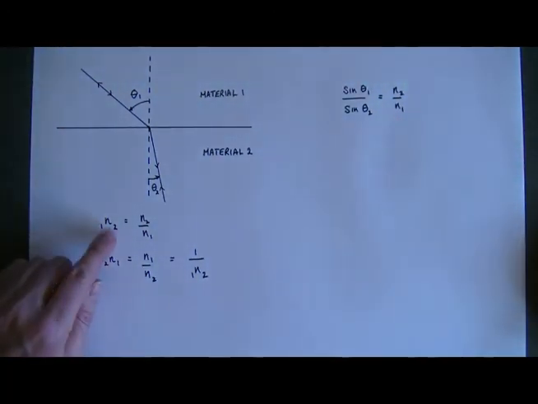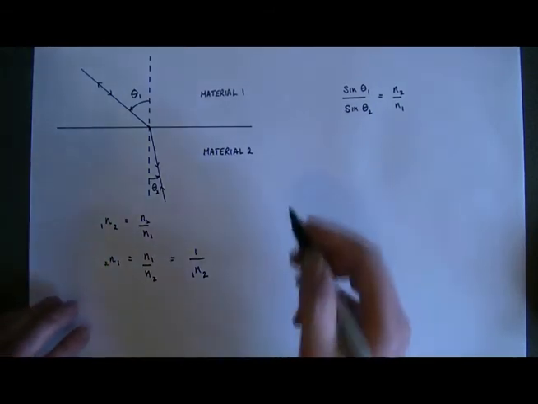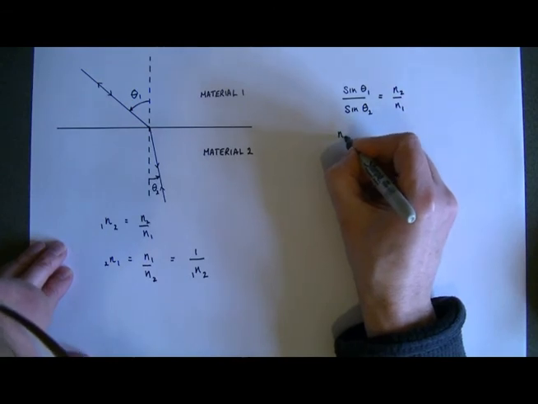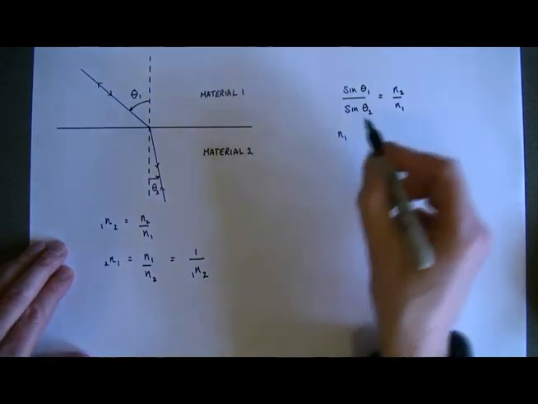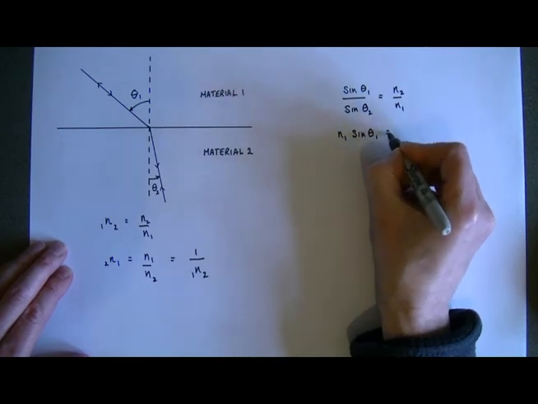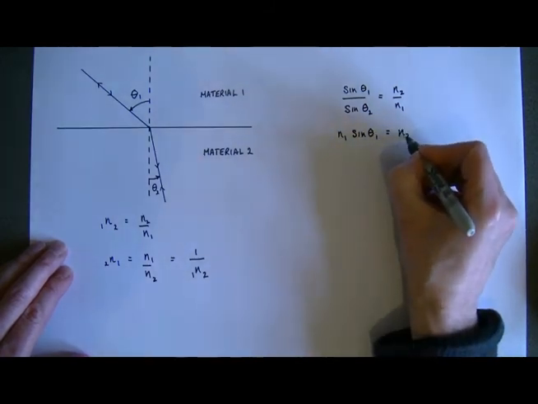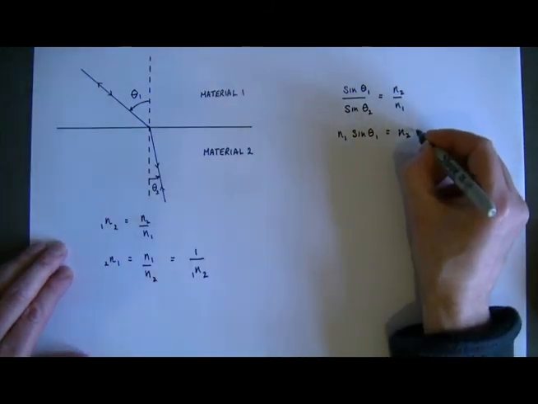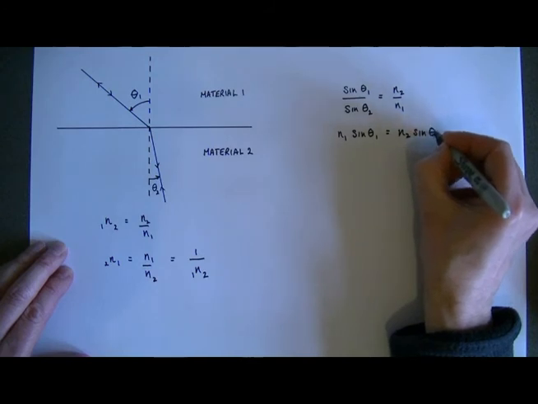So it's this refractive index here. And I can just rearrange that to simplify it. So I get n1, the absolute refractive index of material 1, times sine of theta 1 is equal to n2, the absolute refractive index of material 2, times sine theta 2.